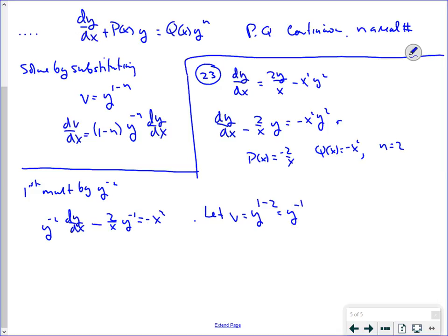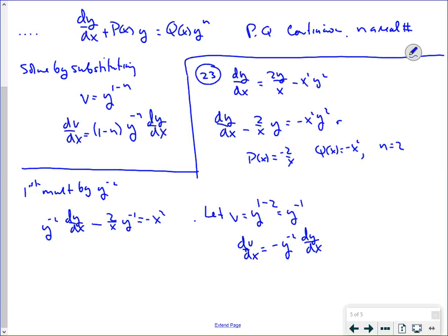So we let v be y to the 1 minus n, so that's y to the minus 1. Then dv/dx, the derivative of v with respect to x, is negative y to the minus 2 times dy/dx, which is almost what we've got here.